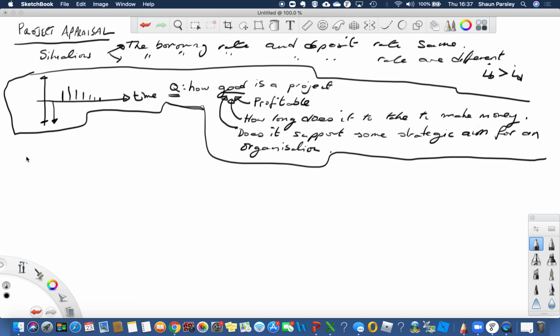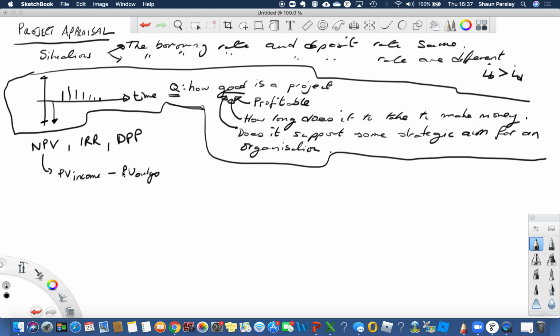Okay, right. So we have various mathematical measures which we want to think about. So we've got this net present value. We have this internal rate of return, and then we have this discounted payback period. So net present value is the present value of income minus the present value of outgo.